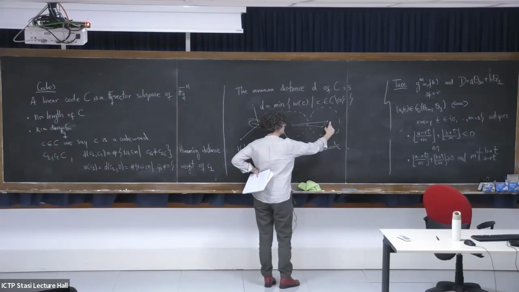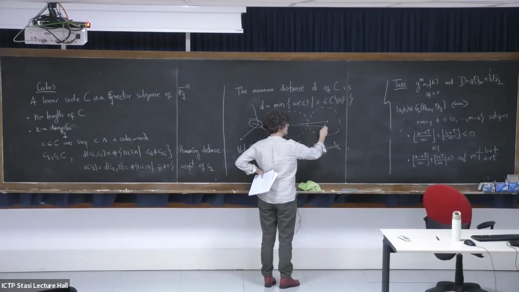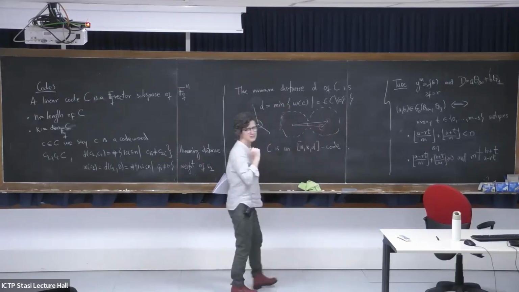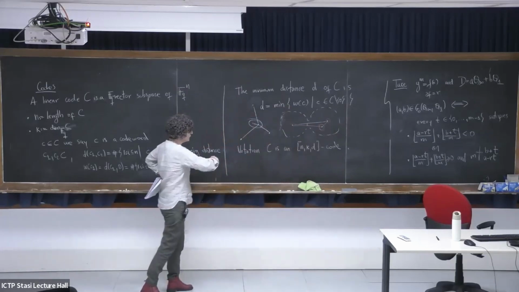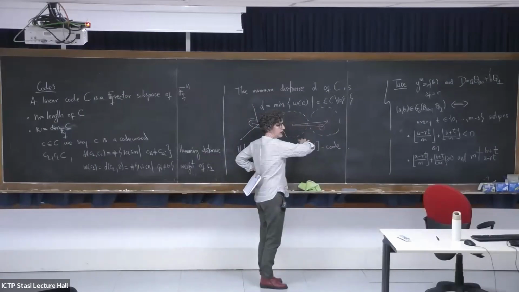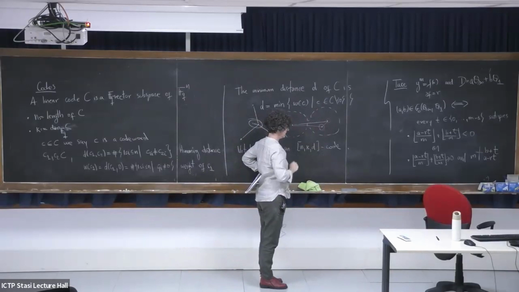This is the smaller one, so I correct the wrong vector I received by this code word, because it is the closest to it. So this is the idea: the larger your minimum distance, the more errors you can correct.